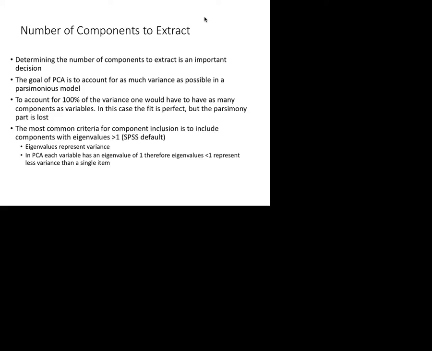So that's the default. Just extract components, and by components, it's how many dimensions are there to your data? Are there 2 dimensions, 3 dimensions, 4 dimensions, 10 dimensions, 16 dimensions? How many dimensions are there to your data?